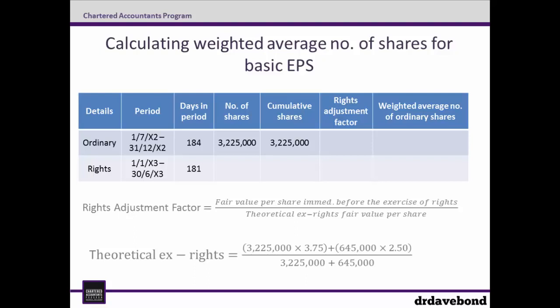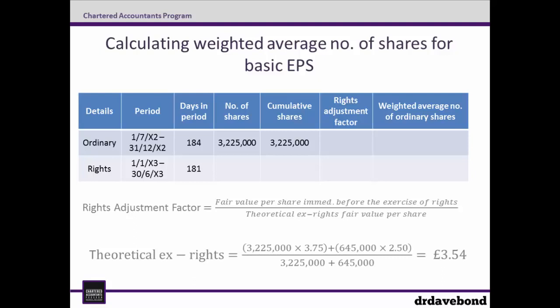Turning to the denominator, we add the 3,225,000 and the 645,000 additional shares issued. This ends up with a theoretical ex rights value of £3.54. For those playing along at home, this has been rounded to 2 decimal places.